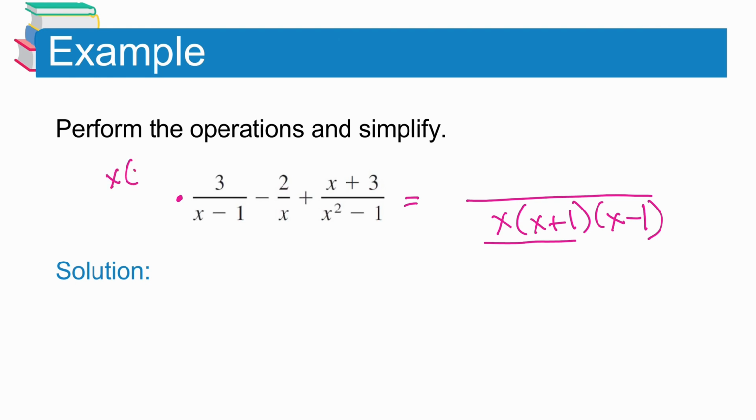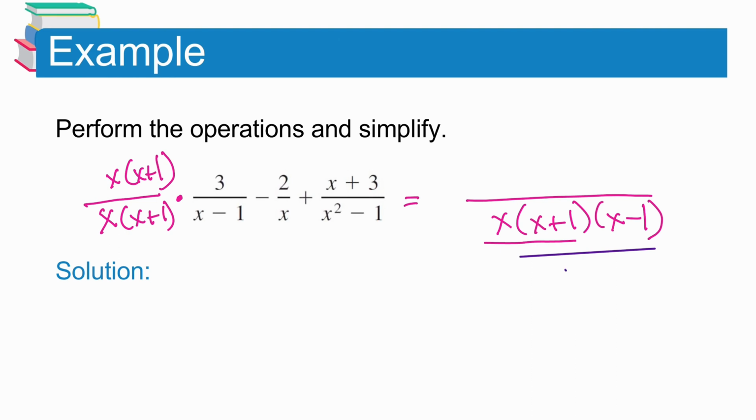So x times x plus 1. Really, I need the bottom to be that way, but what I do to the bottom, I have to do to the top. And then for the second one, I really need to multiply it by both these things.